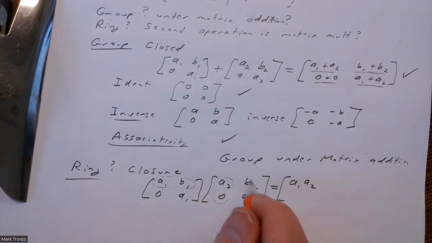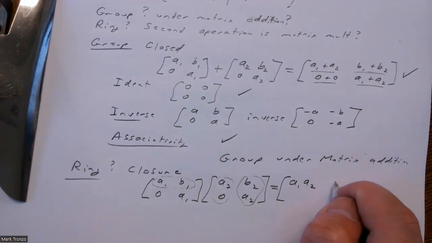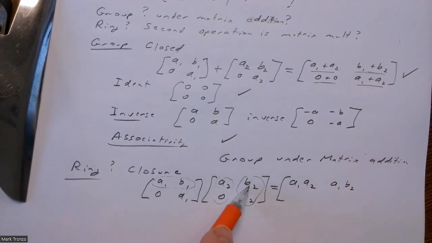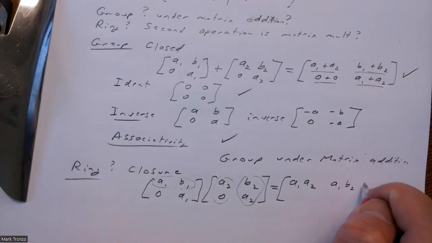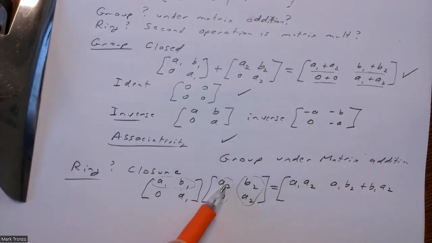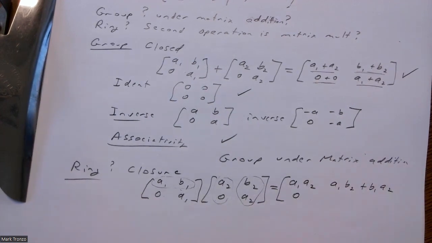Then there's going to be this row times this column: A1 B2, we take this one times this one, then B1 A2. Then we multiply this out, we're going to have A2 times 0 and A1 times 0, so that's 0 plus 0, that's going to be 0.